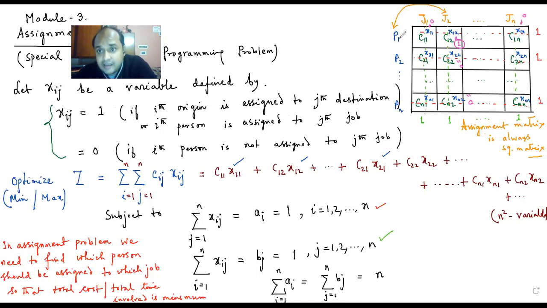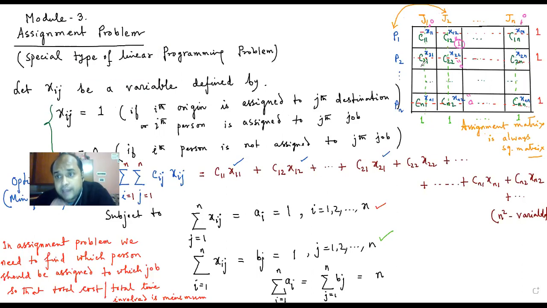Now see, person P1 is not assigned to job J1, so x11 is 0. Person P1 is not assigned to job Jn, so x1n is 0. But person P1 is assigned to job J2, and therefore x12 is equal to 1.